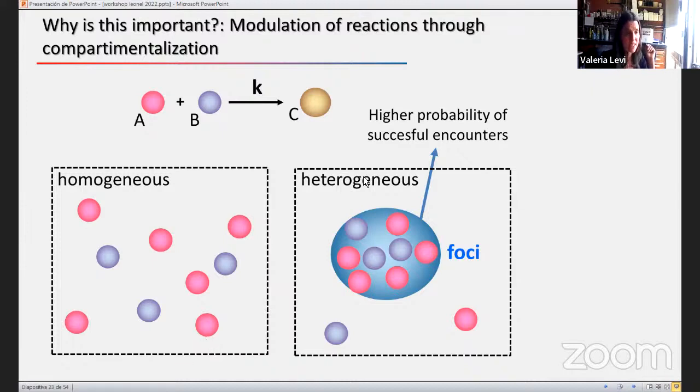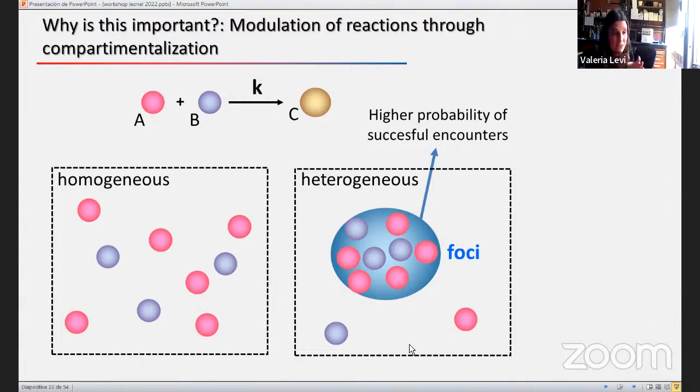However, if molecules concentrate in a given region of the nucleus, here, for example, you have more A and B, so you have a higher probability of encounters between molecules, and the velocity of the reaction will go up. However, if the reaction occurs outside these foci, because you need an enzyme that does not go to the foci, as you concentrate the molecules here, the speed of the reaction will go down.